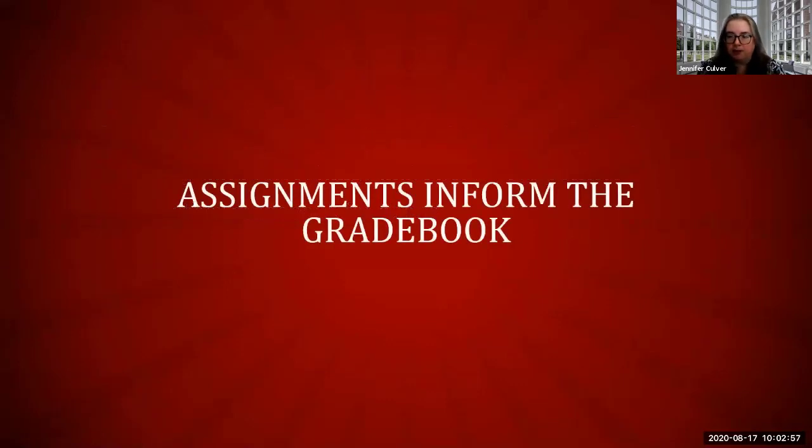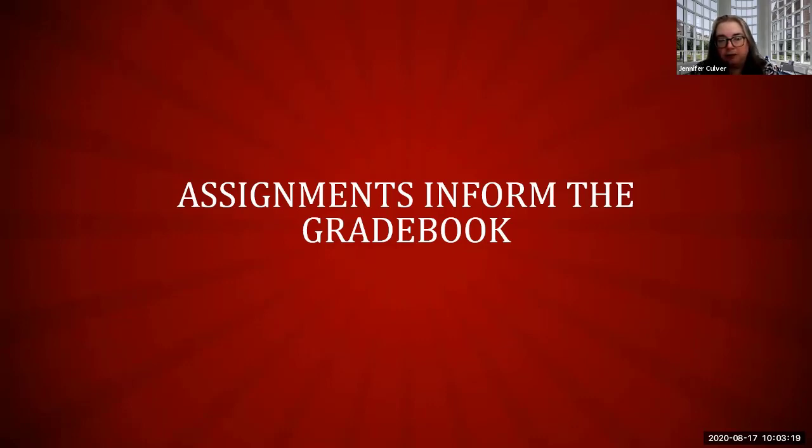And the most important thing to remember is that the gradebook is created based on your assignment page in Canvas. So all of the details that you take in creating and structuring everything on that assignments page will help you create a gradebook that reflects better what you have in your syllabus.